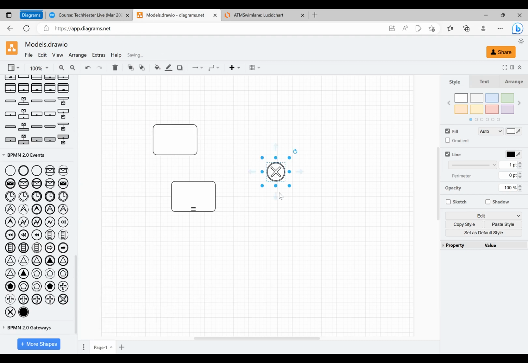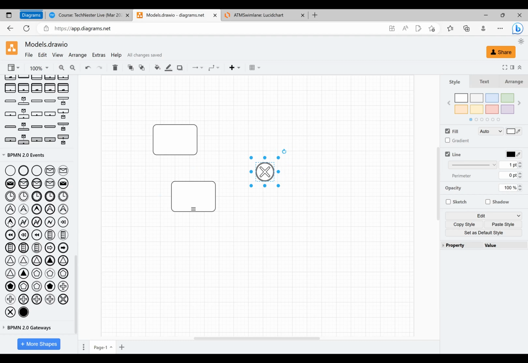If you want to show that something will take some time to happen, and the other party will be waiting, you can use this. So rather than start and stop, you can show that maybe the system is waiting or the customer is waiting using this one with the star symbol in the middle.